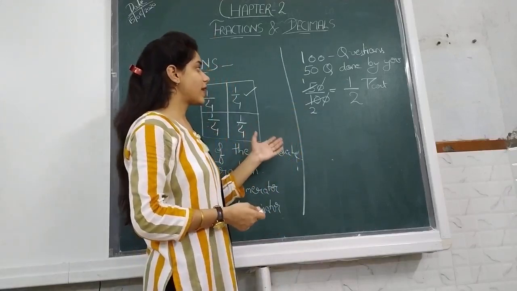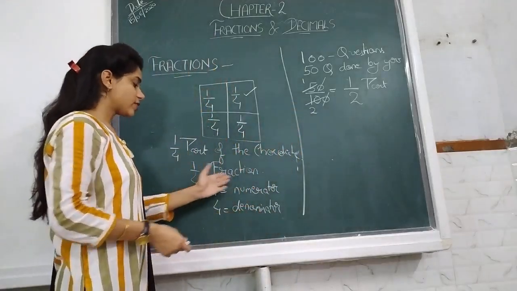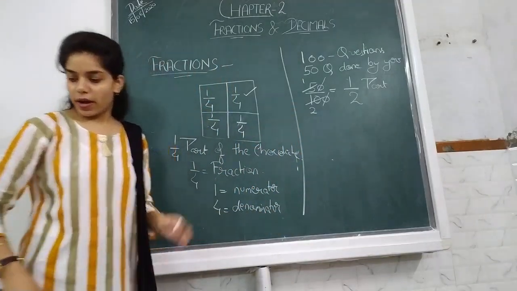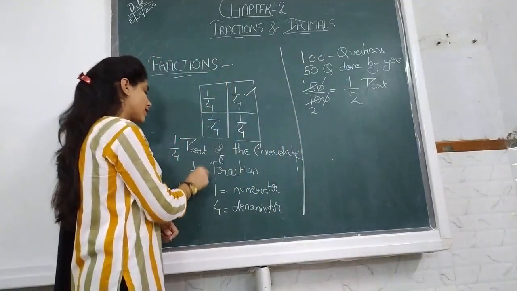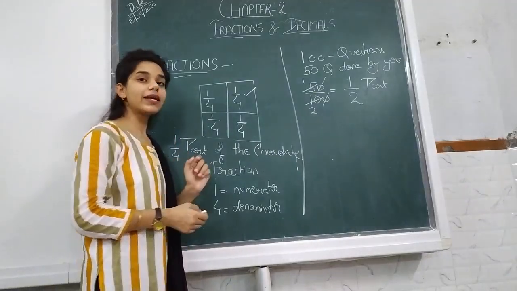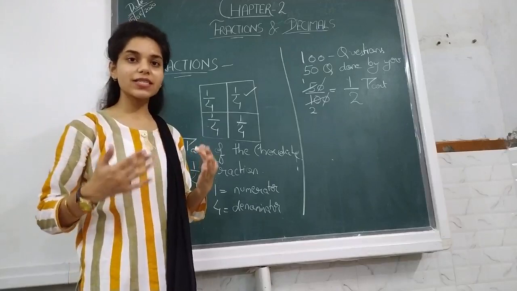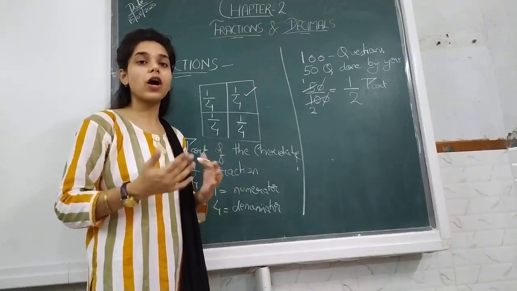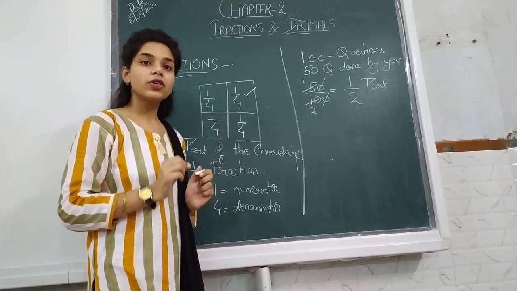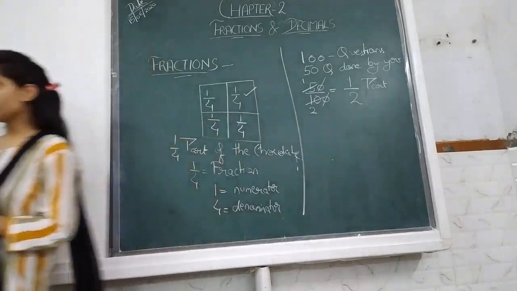In this way fractions are defined. Got it? Now this is the concept of numerator and denominator. A fraction is the combination of numerator and denominator, and fractions tell us how much part of the whole, how much part of the total. Understood?